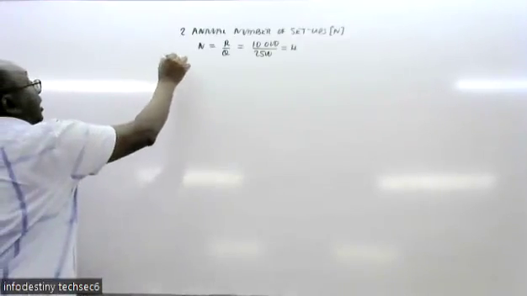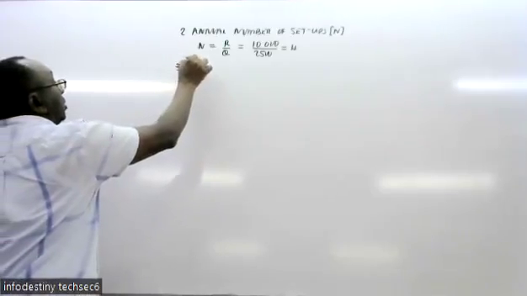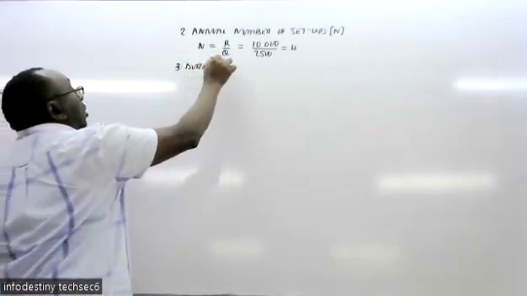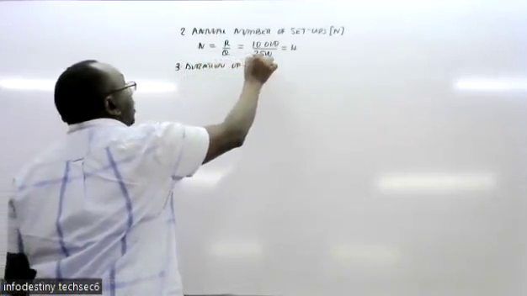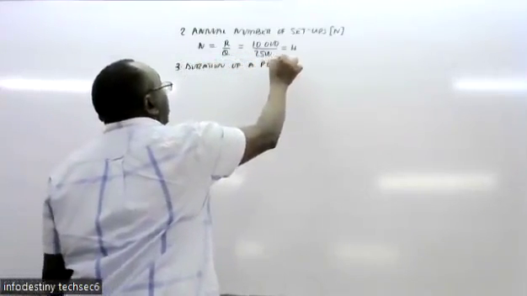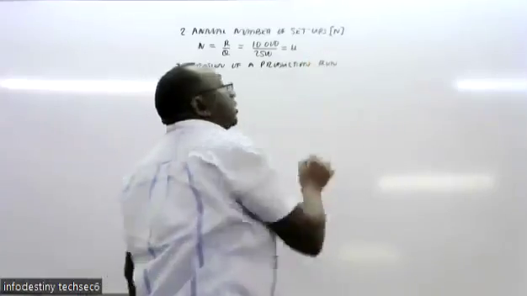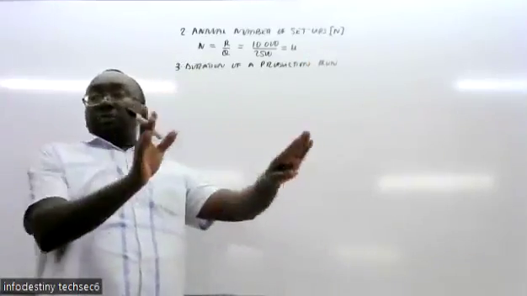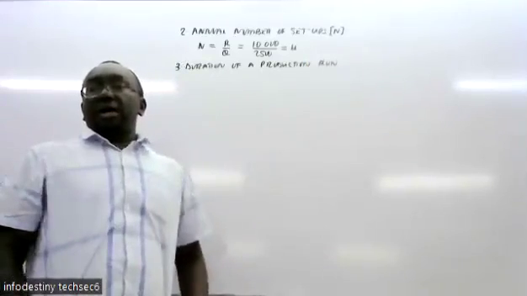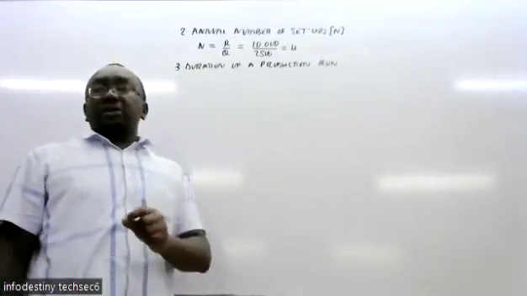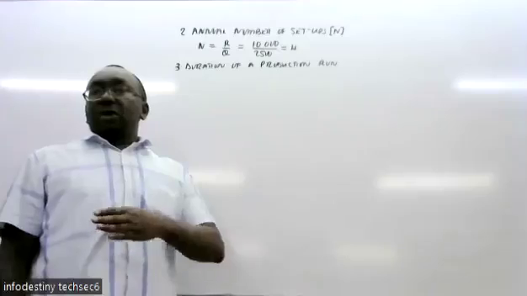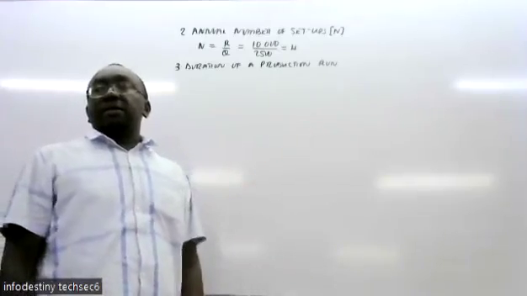The third thing is duration of a production run. Production run is a period that you are doing production. Like now, in a school like this one, our production run is our semester. So how long is our semester?